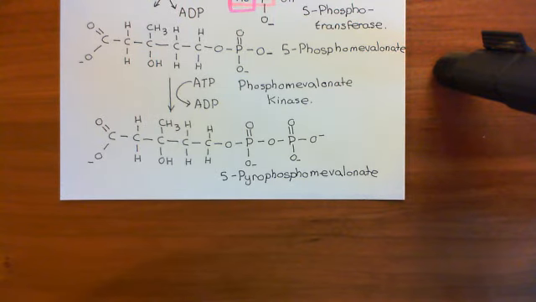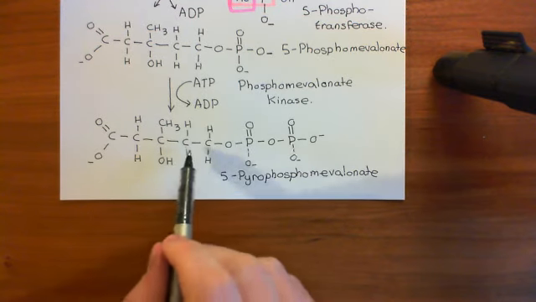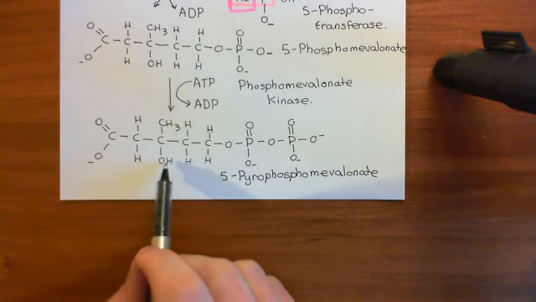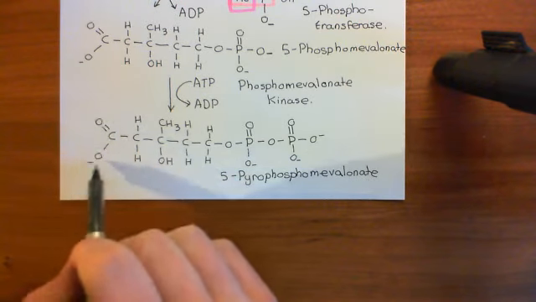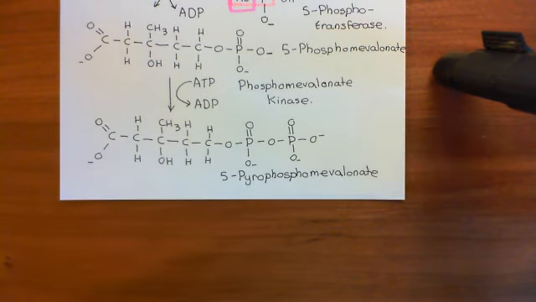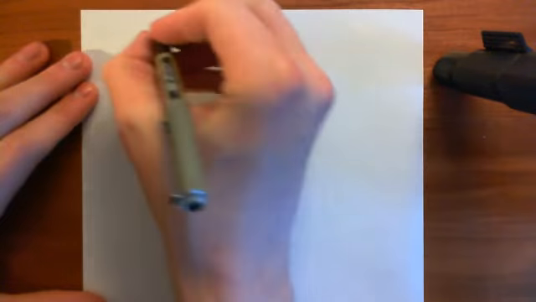So the next reaction that we're going to look at, the enzyme is going to catalyze 2 steps basically. It's going to firstly add a phosphate group onto here, and then remove this carboxyl group from the 5-pyrophosphomevalonate molecule. The next enzyme that's going to do all of this is called pyrophosphate mevalonate decarboxylase.